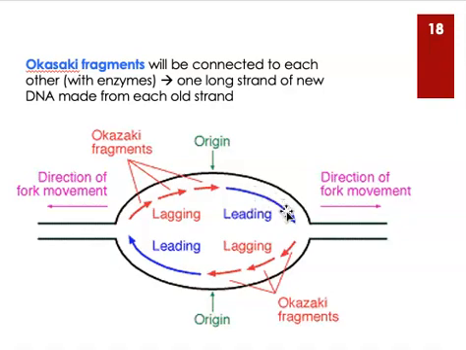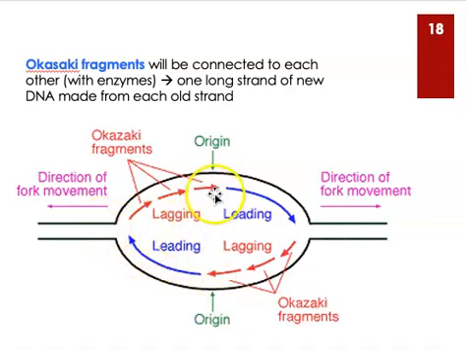This is a continuous method of making the new DNA, and we refer to it as leading strand synthesis. If you notice, on the opposite strand of the old DNA, the same thing is going on, but it's going on in the opposite direction, over here, leading strand synthesis.